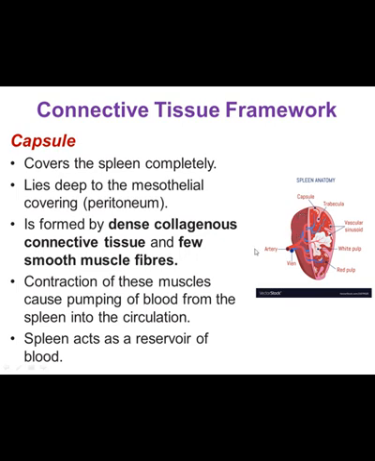There were no smooth muscle fibers in the capsule of the lymph node, but here there are smooth muscle fibers. When these smooth muscle fibers contract, they cause pumping of blood from the spleen into circulation. That is why the spleen acts as a reservoir of blood.